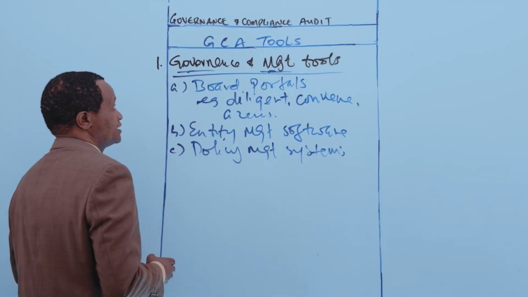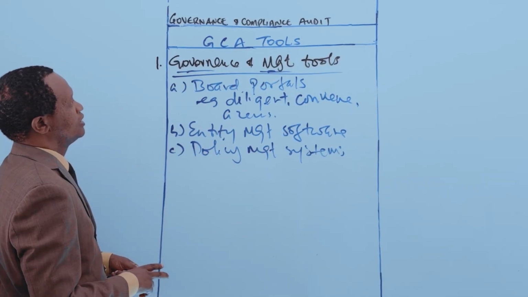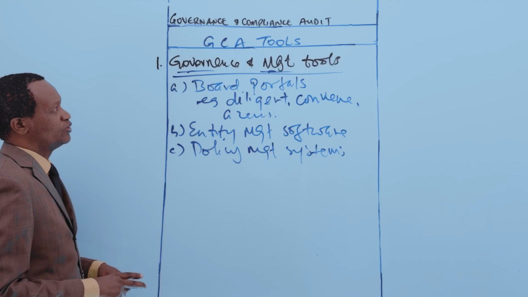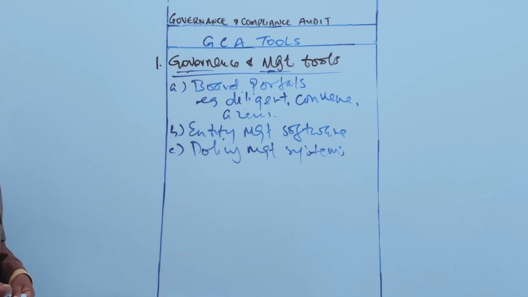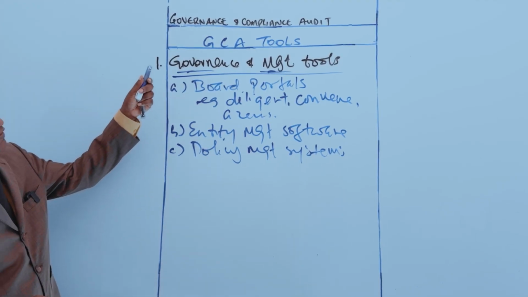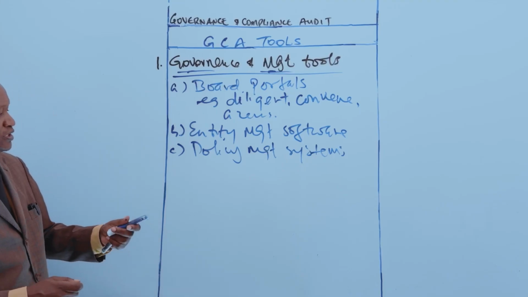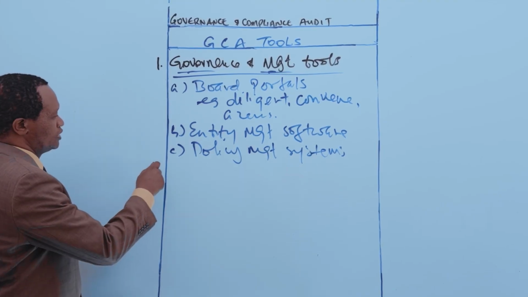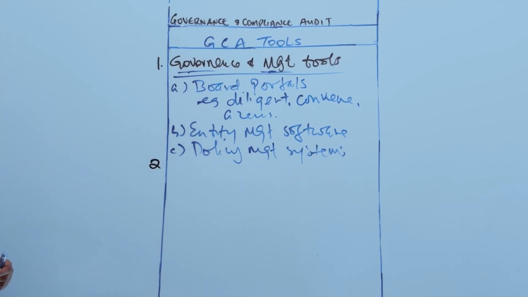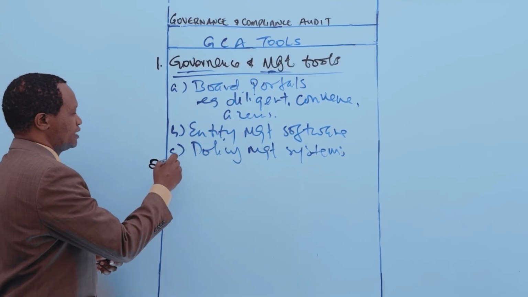So candidates, you are discussing the governance and compliance audit tools. So the first category is the governance and management tools. The second category of tools you can have is compliance and risk tools.